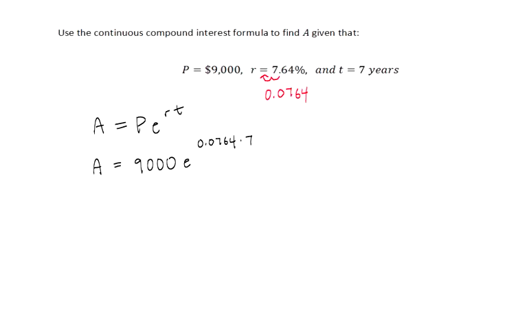Now that we have all of the values plugged into our formula, we can go about solving for A. Since A is by itself here on the left-hand side, finding the value of A is just a matter of simplifying this right-hand side. So following the order of operations, we would do anything in parentheses first.